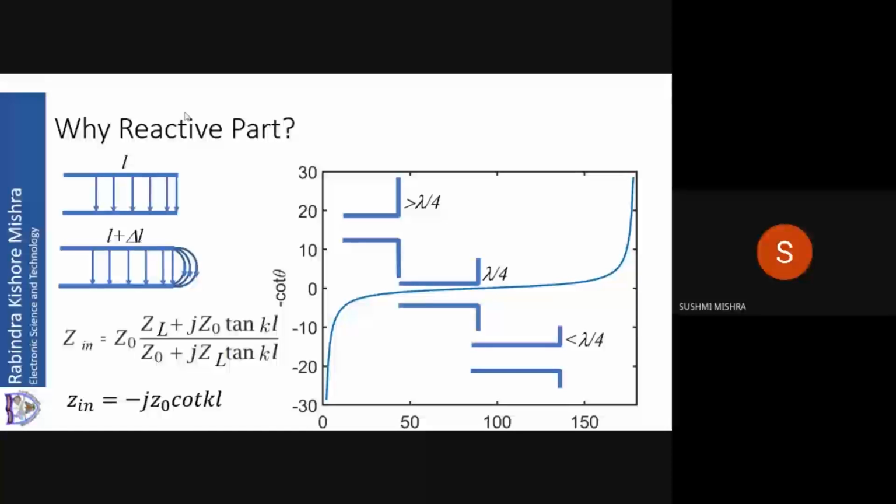The reason is, at the end point, there will be charge. In the top, there will be positive charge. In the bottom, there will be negative charge. Lines of force will come from the positive charge towards the negative charge. It will not only be confined within the transmission line, it will fringe out of the transmission line also. There will be lines of force coming away from the transmission line.